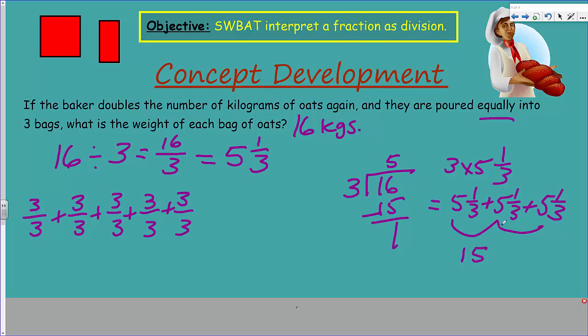Well, 1/3, 1/3, 1/3 makes 3/3. So let me go ahead and put plus 3/3. And now you can see this is going to equal 16. That was the number we were looking for, the 16. We added it all and got it back to where we were.